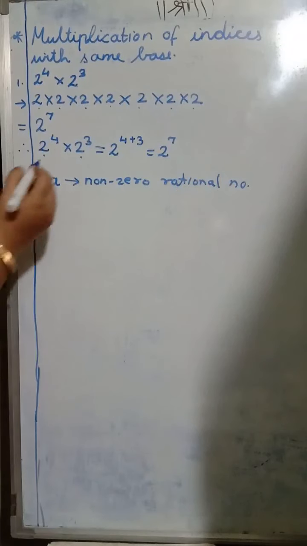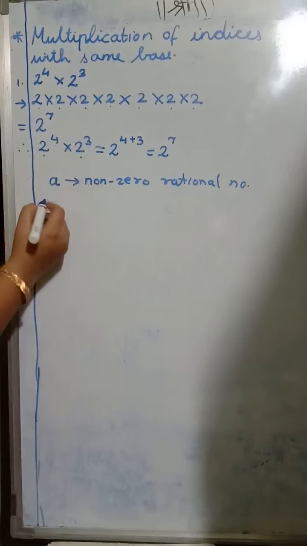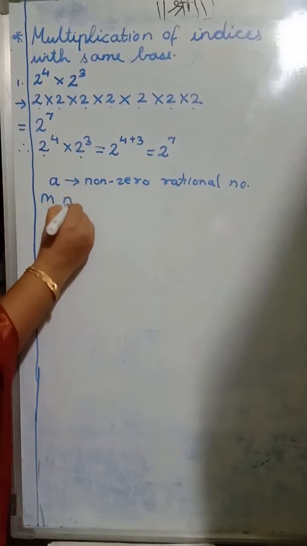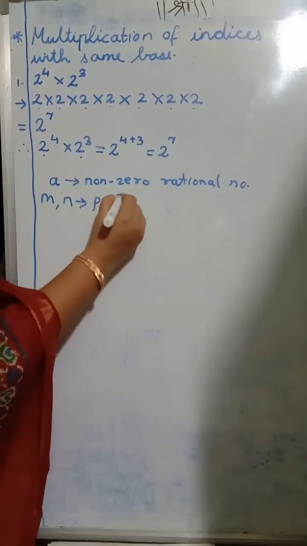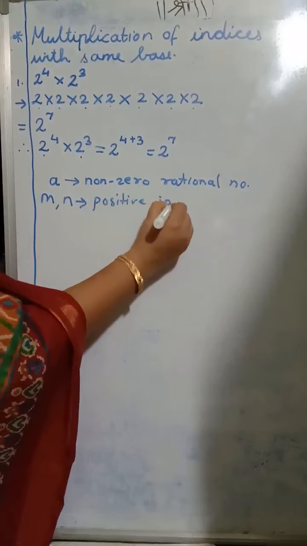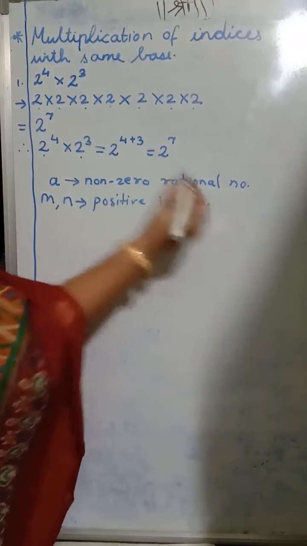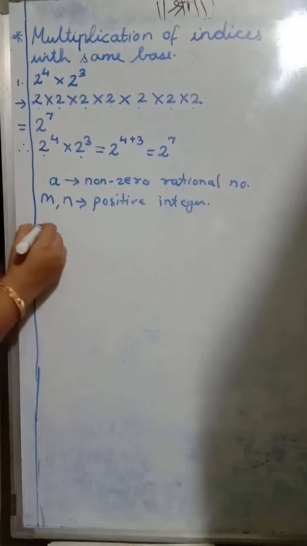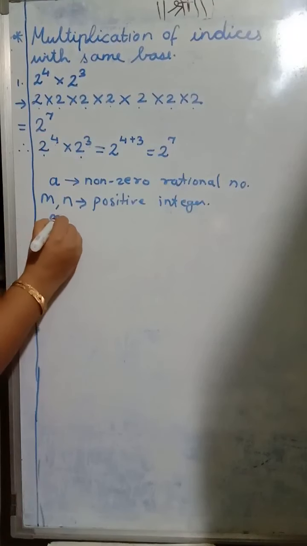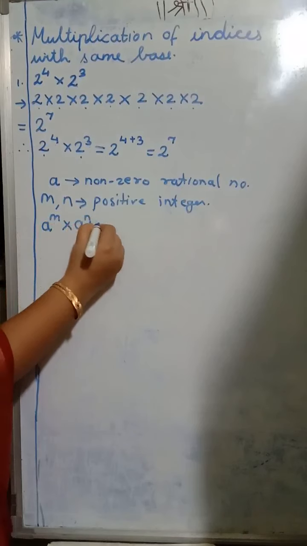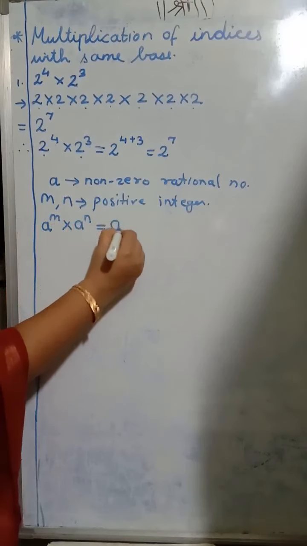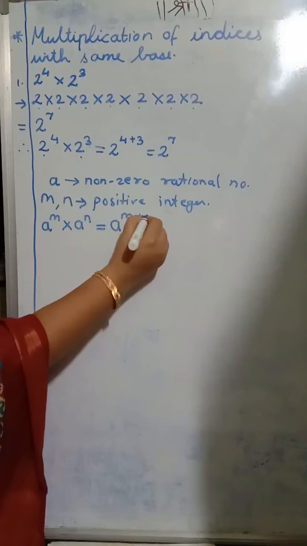And if 4 and 3 I consider as M and N, if M and N are positive integers, then we can write this formula as A raised to M multiplied by A raised to N is equal to A raised to M plus N.